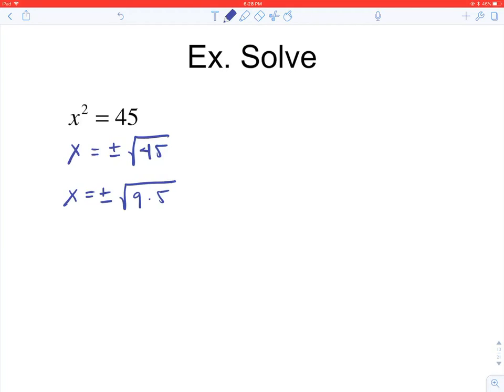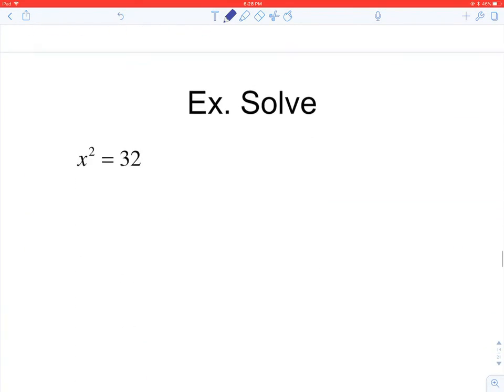I know that 9 times 5 is 45, and 9 is a perfect square. 5 is a prime number, so we're going to end up with x equals plus or minus 3√5. So when we separate, x equals negative 3√5, or x equals positive 3√5.